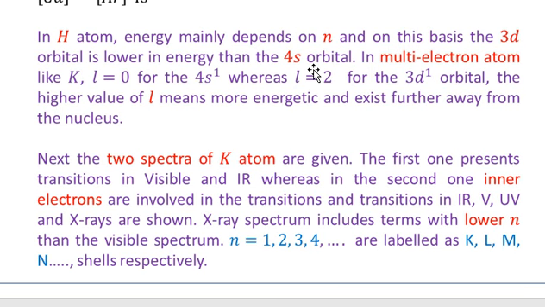In a multi-electron atom like potassium, L is equal to 0 for the 4s, whereas L is equal to 2 for the 3d orbital. The higher value of L means more energetic and existing further away from the nucleus.